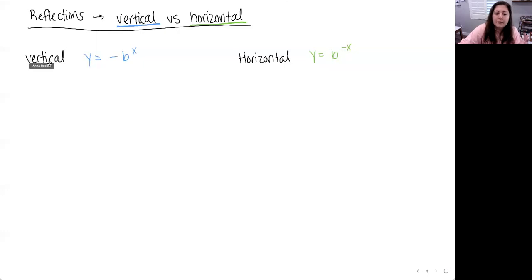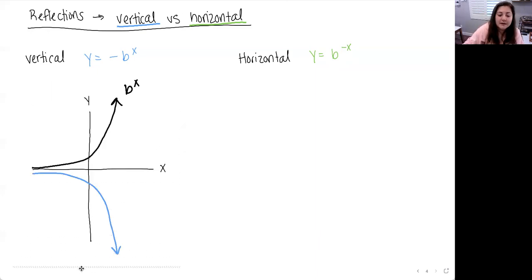So vertical reflections would reflect along the y-axis, right? Because everything that's vertical has been going along the y-axis. So it's going to go from the top of the x-axis onto the bottom, right?